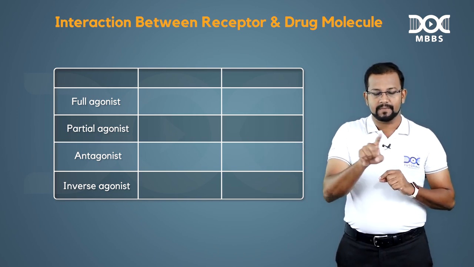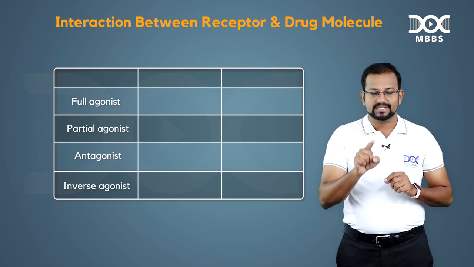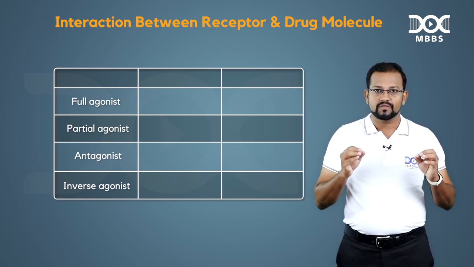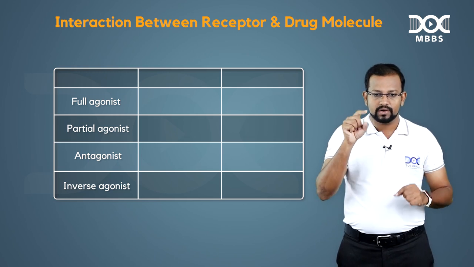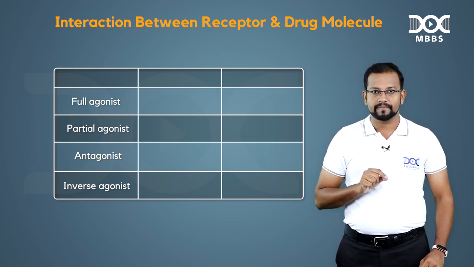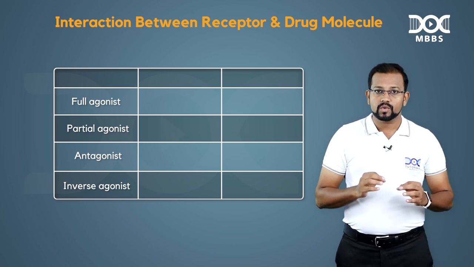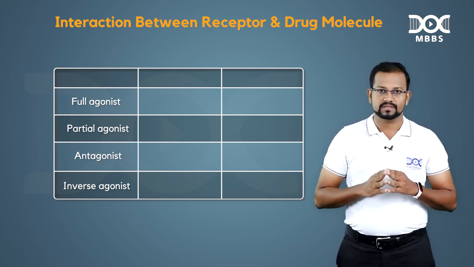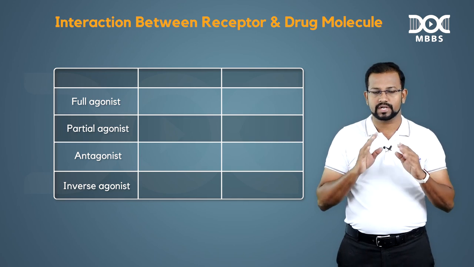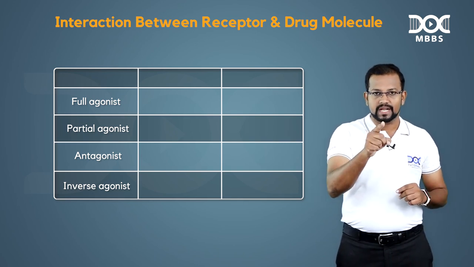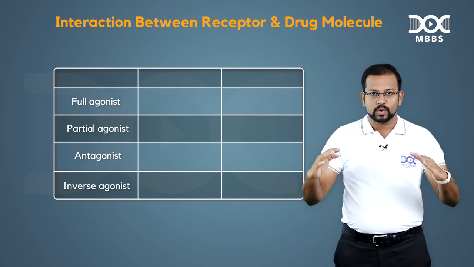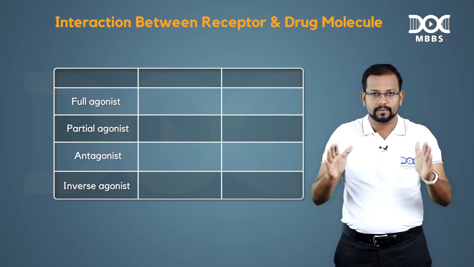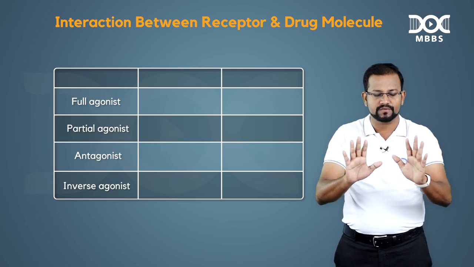And if I give a particular drug and that drug molecule is going to bind with the receptor, or if I give a neurotransmitter or physiological neurotransmitter, that also is going to be binding with the receptor. Here let's talk about a physiological neurotransmitter that is binding with the receptor, and because of it, it is going to be producing contraction of the whole muscle. The whole muscle is going to be 100% contracted. Just for an example I'm saying.